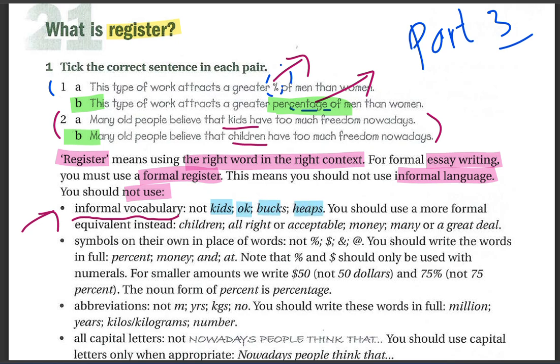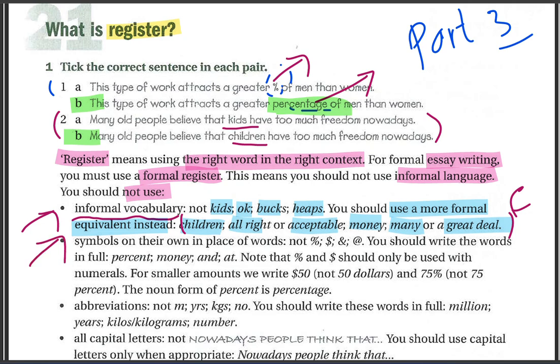These words are informal, so in essay writing and formal situations, it's not a good idea to use them. You should use a more formal equivalent instead. For example, children, instead of kids; all right or acceptable, instead of okay; money instead of bucks; many or a great deal instead of heaps. These are more formal ones to use in a formal structure.